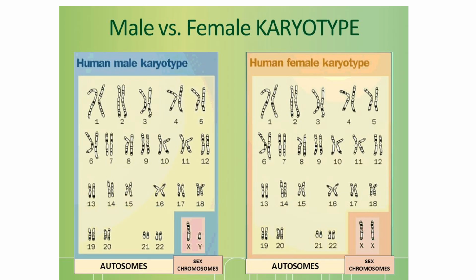Comparing a male versus female karyotype, again, we have 22 autosomes. In other words, 22 pairs of our chromosomes are autosomes, meaning they're body cells. This 23rd pair represents the sex chromosomes. Again, for a male, you have an X and Y chromosome, and for a female, we have two X chromosomes.